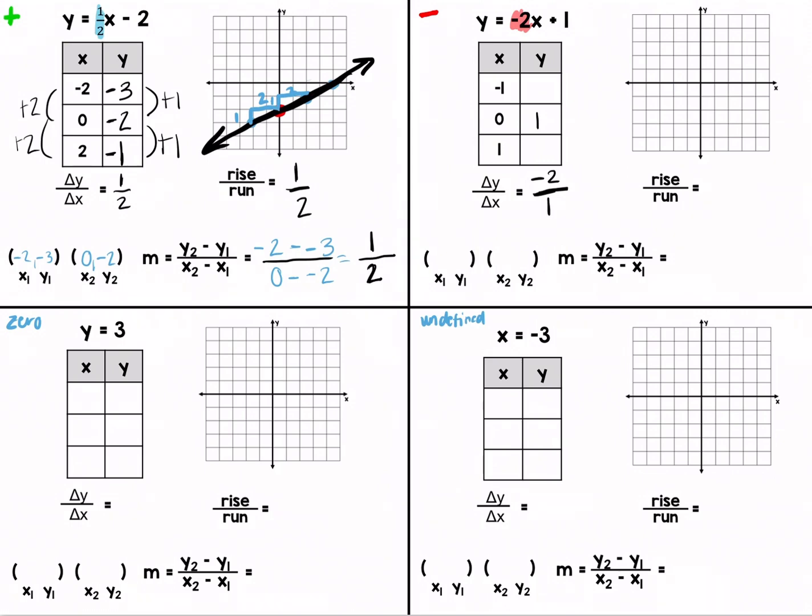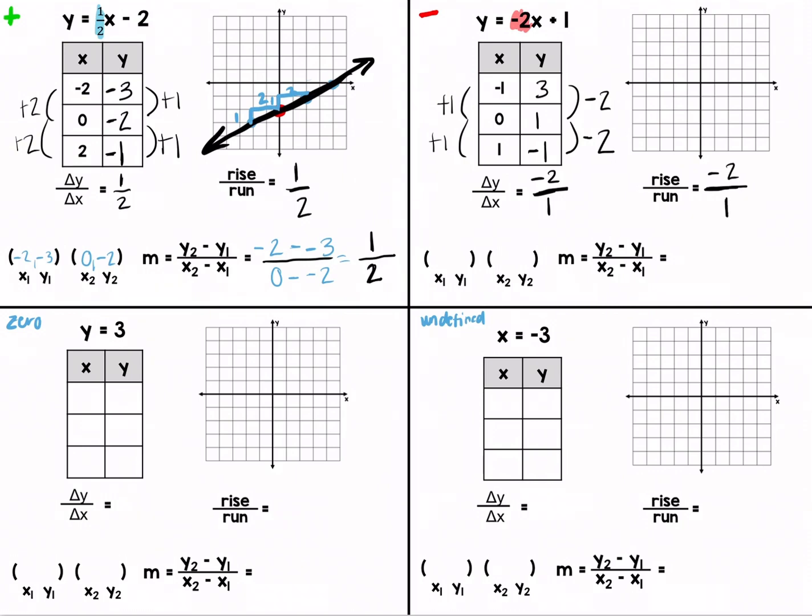Every time I increase the x value by 1, which is what I'm doing on this table, I'm decreasing the y value by 2. So 1 minus 2 is going to be -1, and -1 minus 2 is -3. Okay, so my rise over run is -2/1.